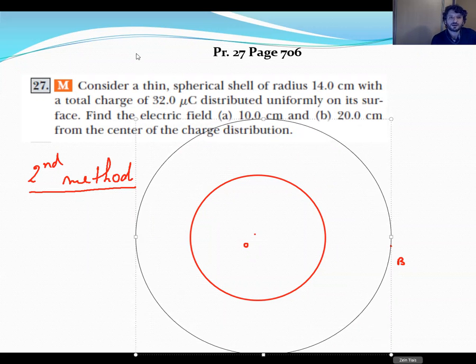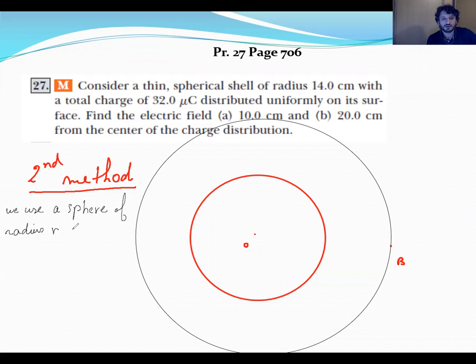It's the second method, but it takes time. Okay, so we use a sphere of radius r as the Gaussian surface.